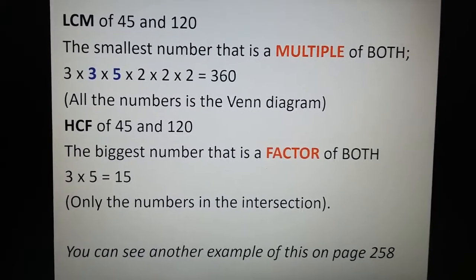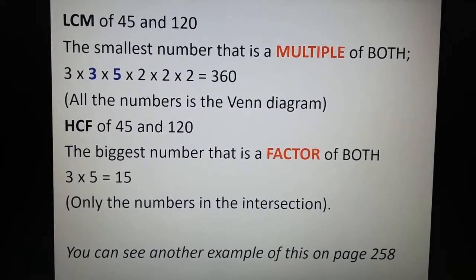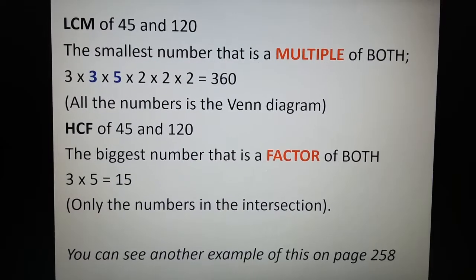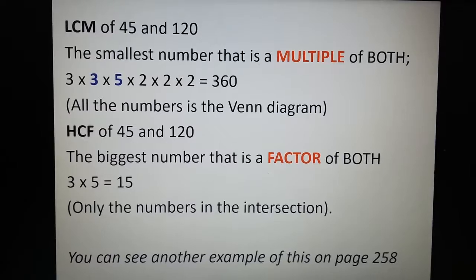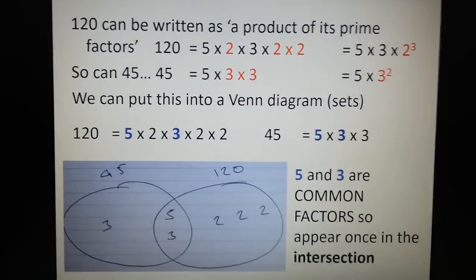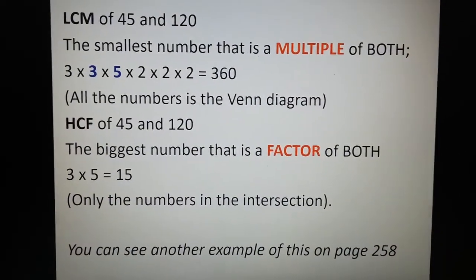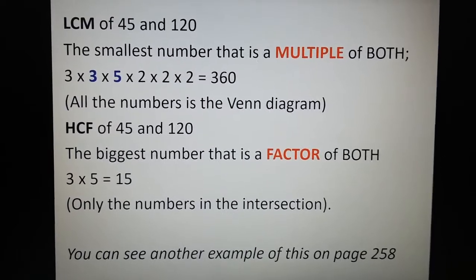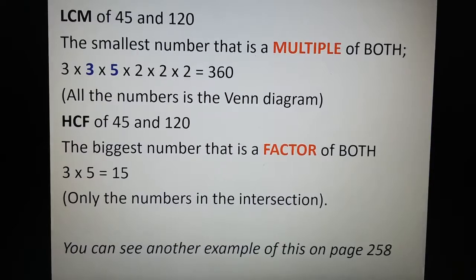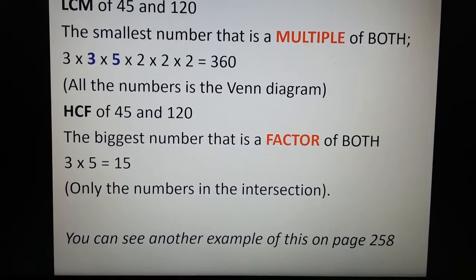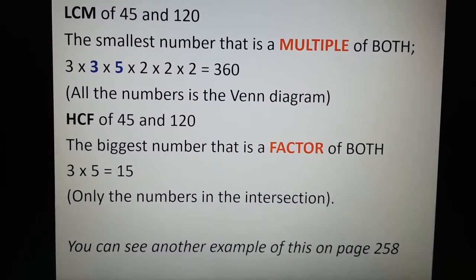The highest common factor, to work that out, you just use the two numbers that are factors of both 45 and 120. So there are those two numbers in the middle, 5 and 3. So 15 is the biggest number that is a factor of both, so 15 is the highest common factor. Only numbers in the intersection.